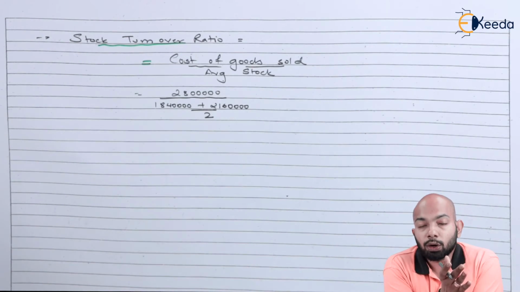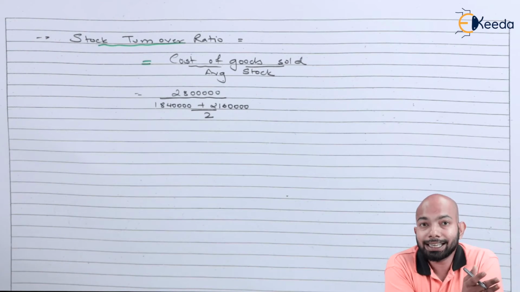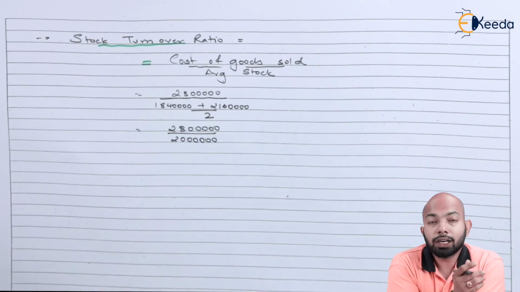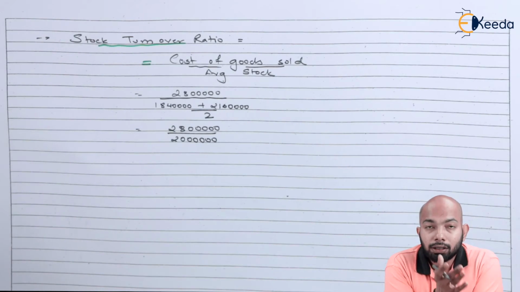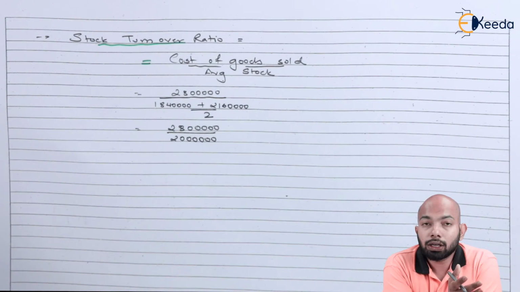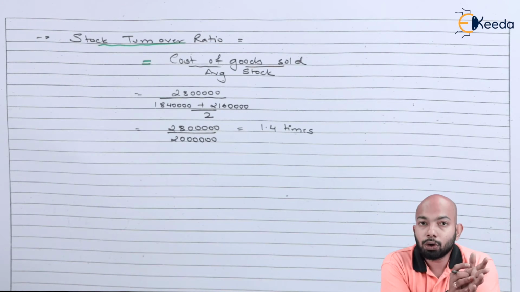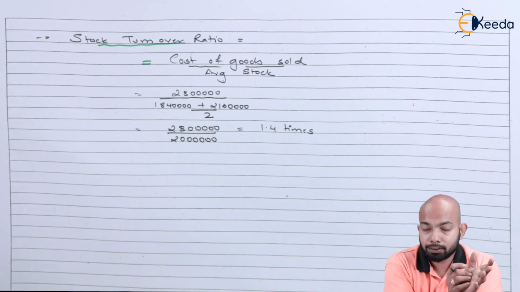For the average of stock, we have 2007 as 18,40,000, and for 2008 we have the balance of 21 lakh. Club them and divide by 2. You get a value of 20 lakhs here. That is the value that we are looking for as average stock. Now 28 lakh divided by 20 lakhs will give you the stock turnover ratio. So the value that we have figured out for stock turnover ratio is 1.4 times.